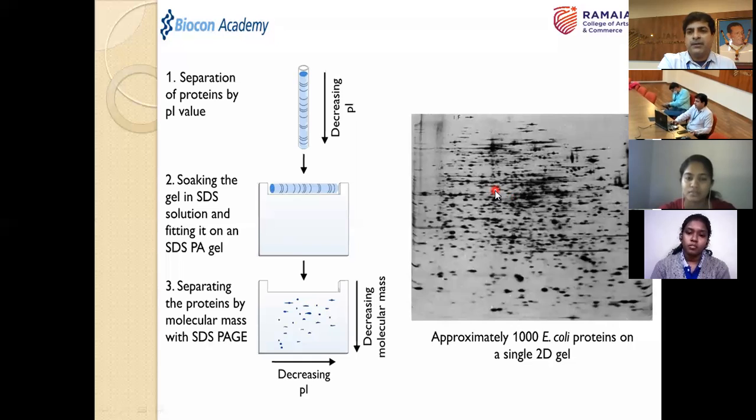Means for the same sample, you are increasing the number of spots that you can observe. Understood? And you see, unlike SDS page, here the gel looks scattered with spots. Now, a very important topic here is how do you analyze this type of gel? Clear?